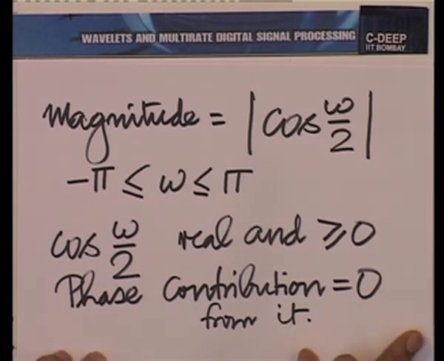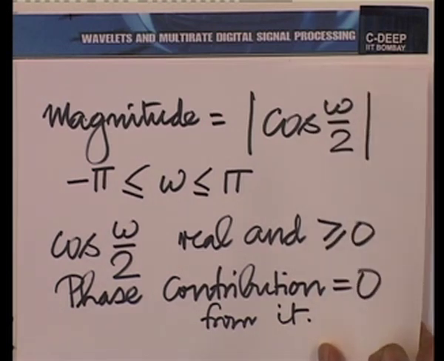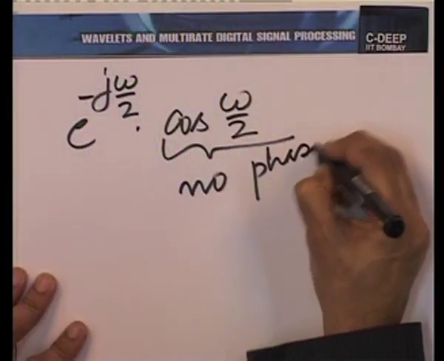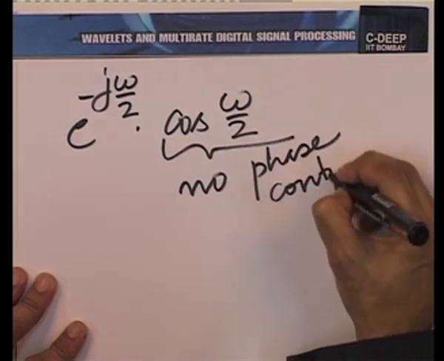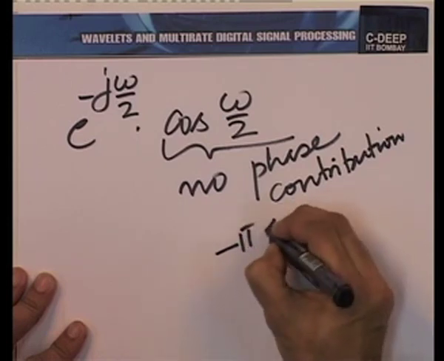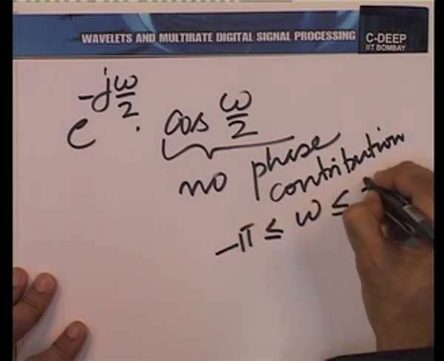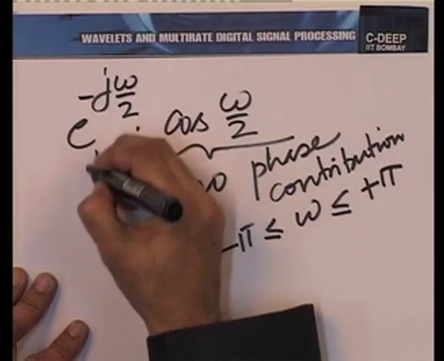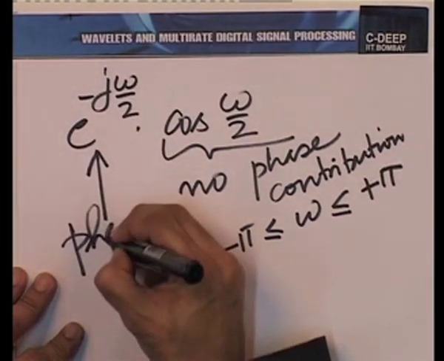So, in the overall frequency response, e raised to the power minus j omega by 2 times cos omega by 2, the cosine term has no phase contribution for minus pi less than or equal to omega less than or equal to plus pi, and the phase contribution comes only from the exponential.